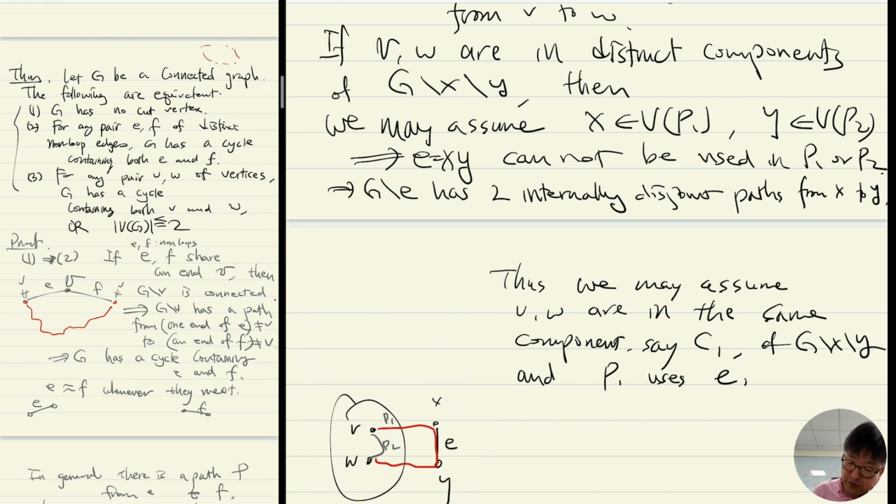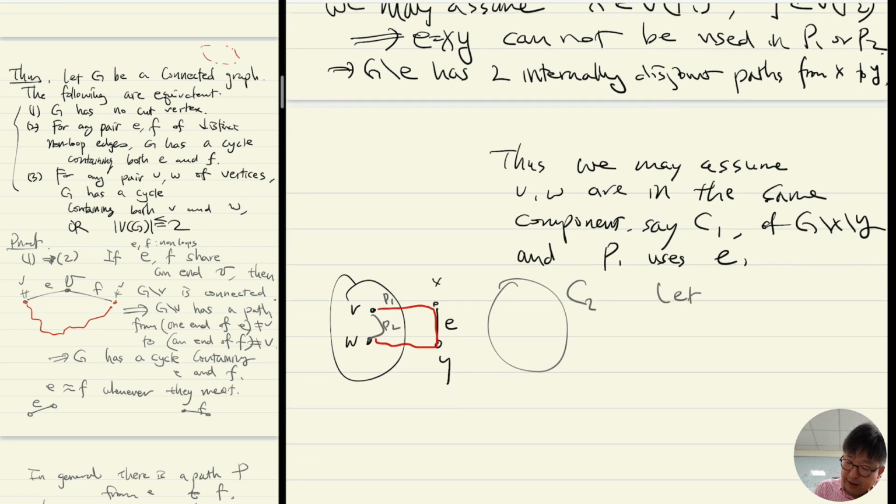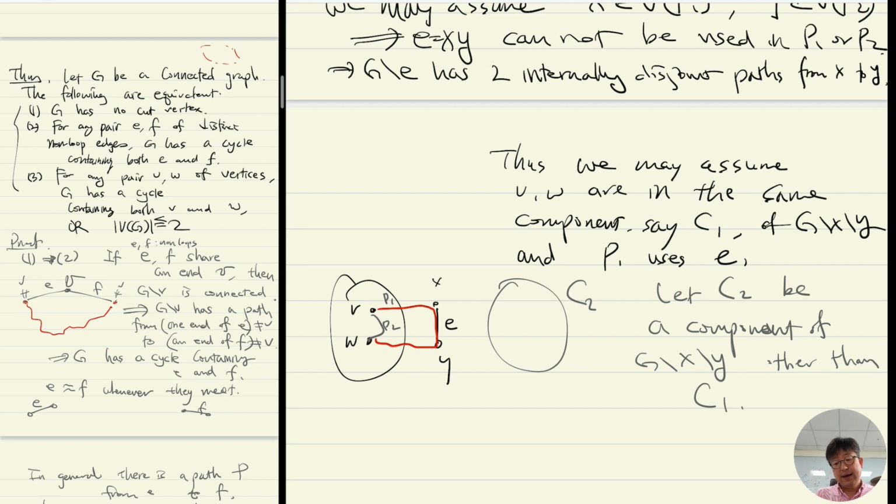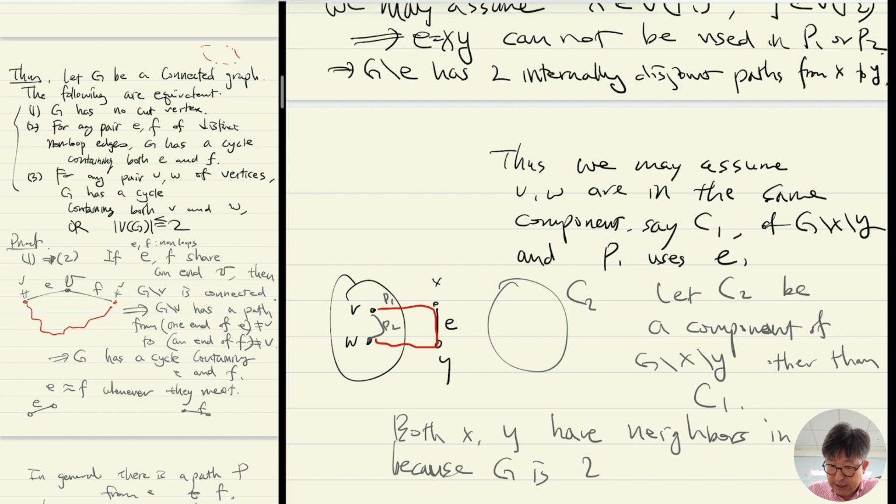In this case, we're going to use another component. Let C2 be a component of G delete x delete y other than C1, okay? And I claim that both x and y have neighbors in C2 because G is 2-connected, right?